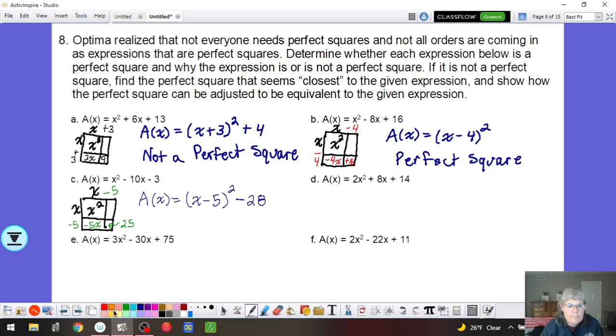D has a 2x squared. So that's going to be 2 blocks, each with an x squared.